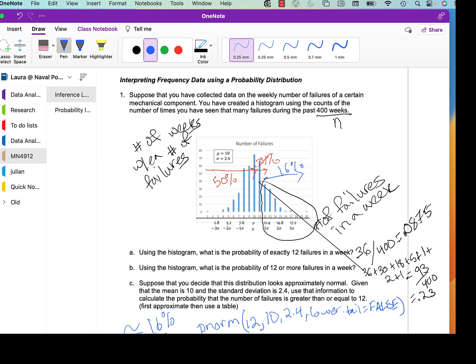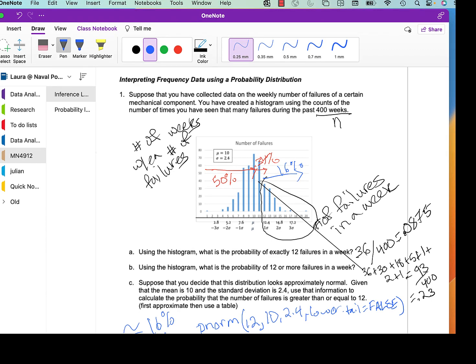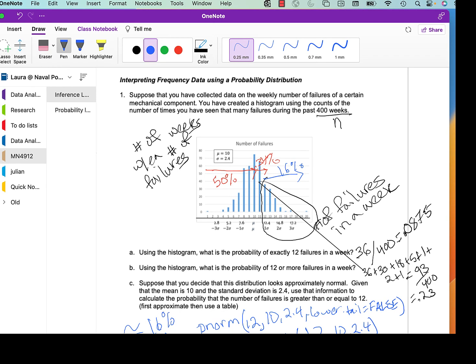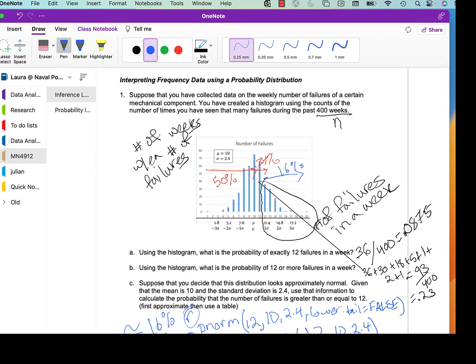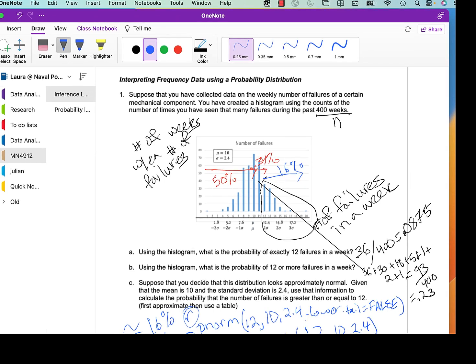If you want to do this in Excel, you're going to tell it to do NORM.DIST and 12, 10, 2.4, and because there is no lower tail false there, I'm going to tell it 1 minus NORM.DIST in Excel. So here's your R version, here's your Excel version, and the answer it's going to give you is going to be about 0.2.